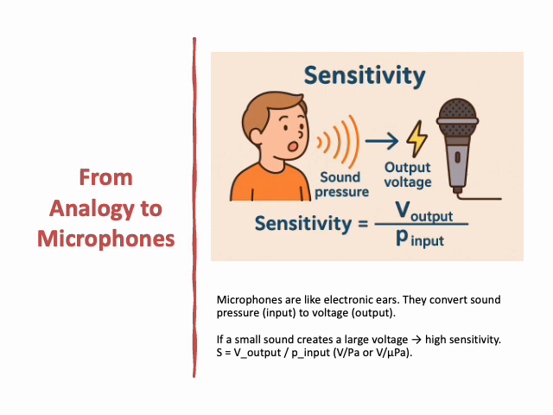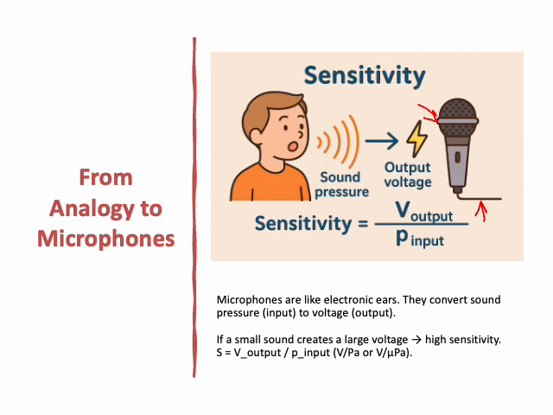Sensitivity is the output voltage generated per unit of input pressure, and it's mathematically written as sensitivity equals V output divided by P input.